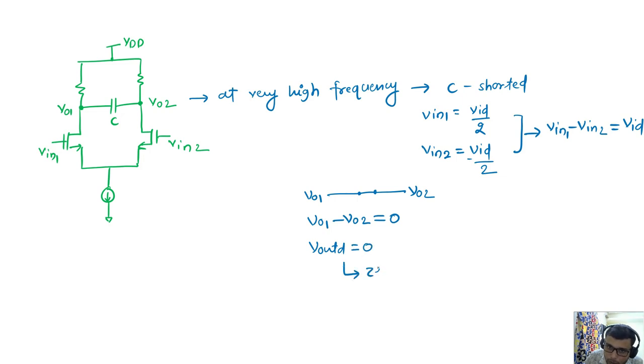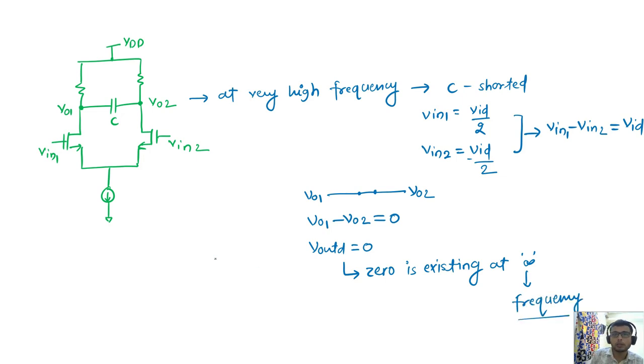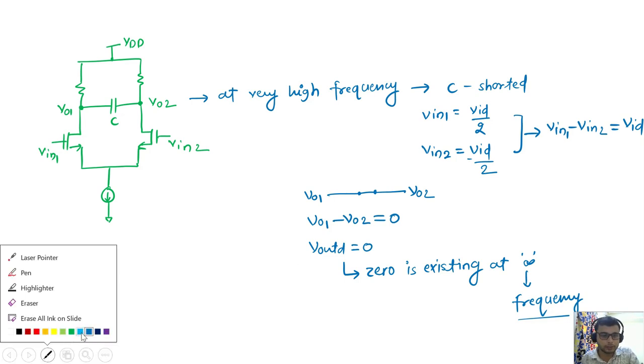Hence a zero is existing at infinite. Omega equal to infinite means infinite frequency. So I told you before that it is a first order system. At infinite there is a zero. So we can see that this is a stable system, because the first order system is unconditionally stable.